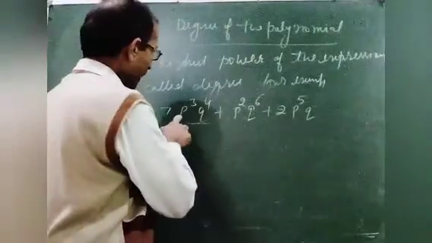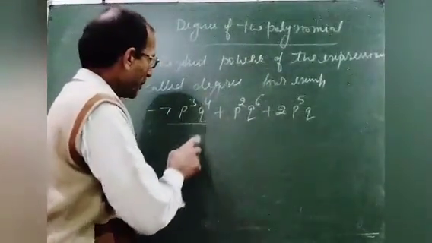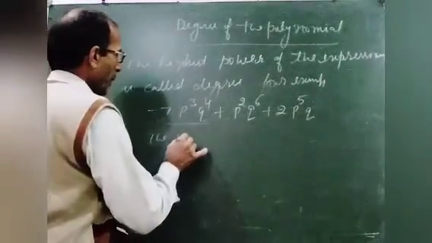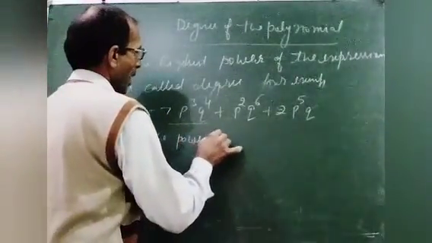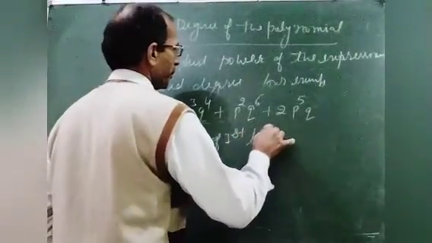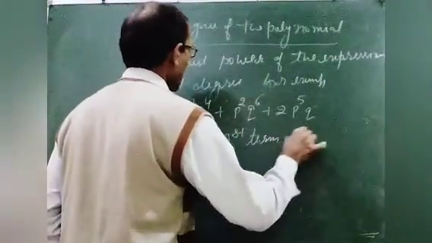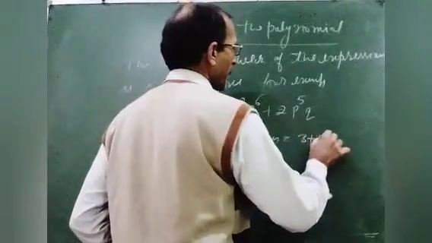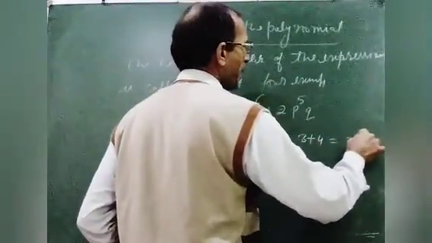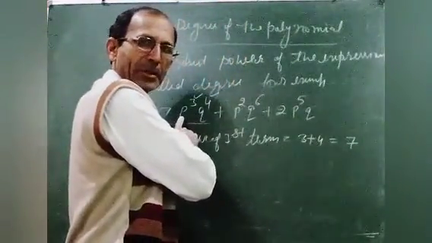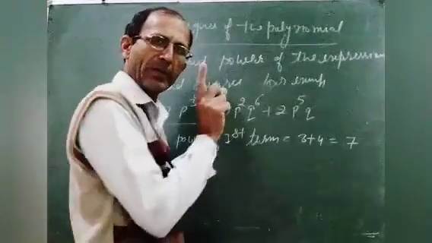In the first term, there are two variables p and q. So what is the power of the first term? 3 plus 4, so it will be equal to 7. Two variables are there, so you have to take both the powers, not only one.